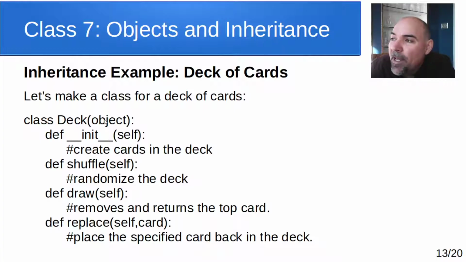And if we wanted to, we could add other methods like choose random card rather than taking it off the top, or replace it somewhere in the middle. We could have return to default, like factory box, that puts the order back how it comes in the box when you buy it. But the idea here is pretty straightforward in what we needed to do. This is what we wanted to do.